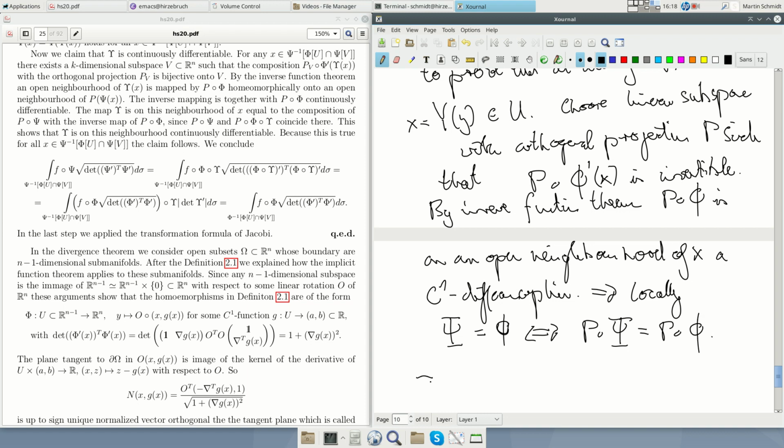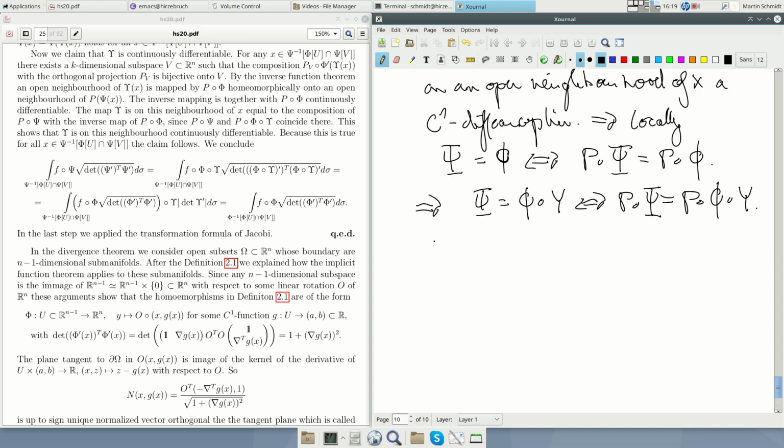And this means we want to define y such that psi is equal to phi composed with upsilon. This is equivalent to P composed with psi being equal to P composed with phi composed with upsilon.